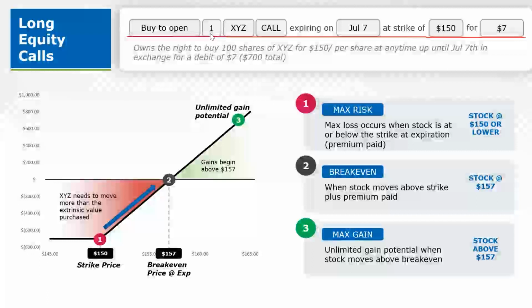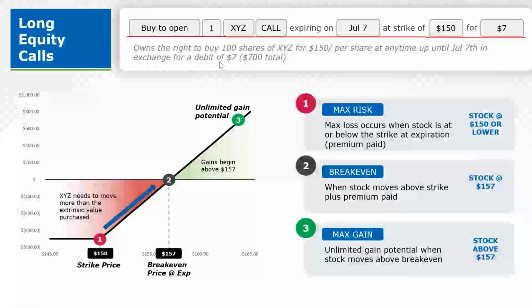You're only buying one contract, which is the equivalent to 100 shares, and the expiration date is on July 7th. The strike price is $150, and you're paying $7 for this. Remember, this is on a per share basis, so you are paying $700 in total. This gives you the right to purchase 100 shares of XYZ for $150 per share at any time up until July 7th in exchange for a debit of $7 or $700 in total.